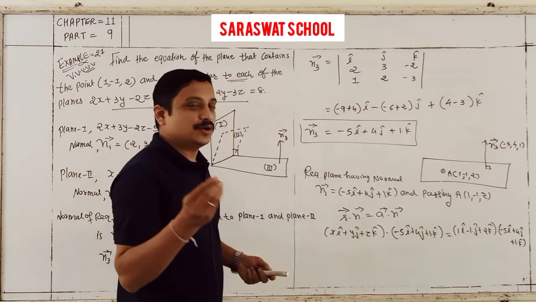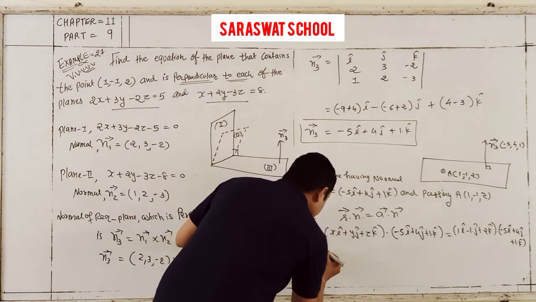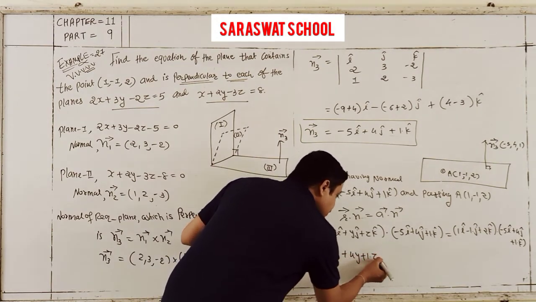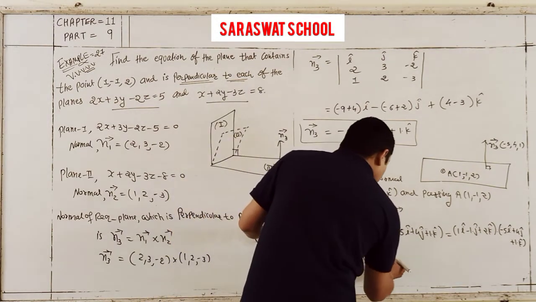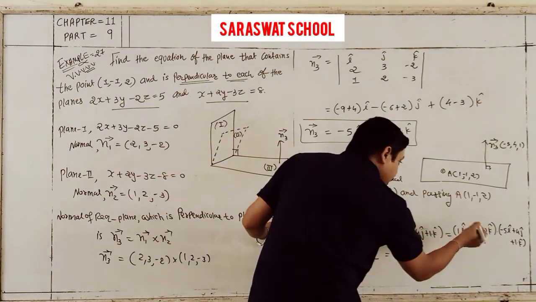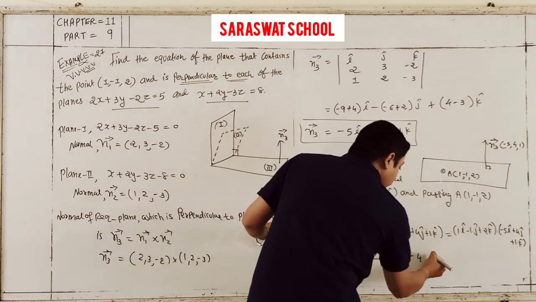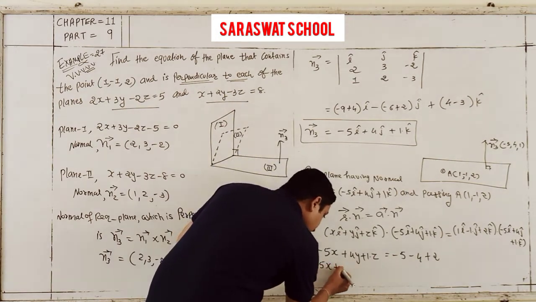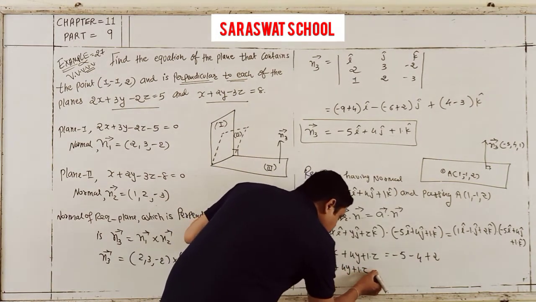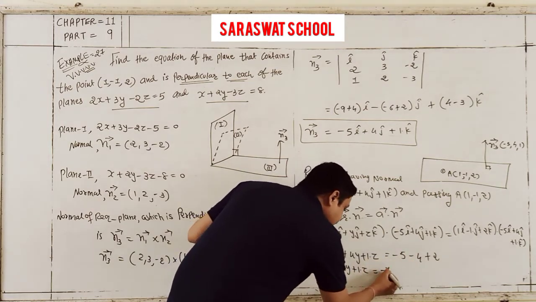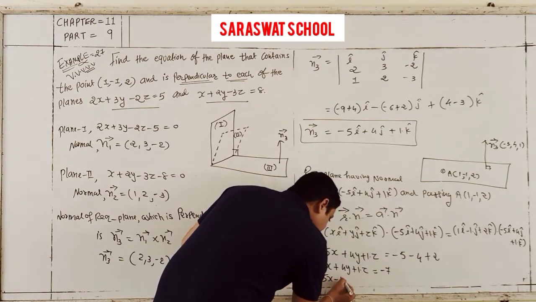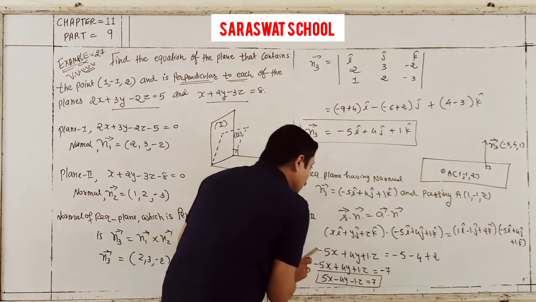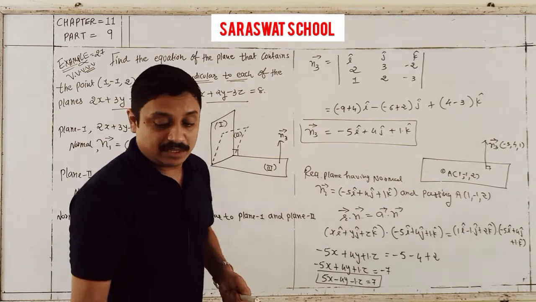Apply the simple dot product: minus 5x plus 4y plus 1z on the left, and on the right similarly minus 5, next minus 4 and plus 2. So minus 5x plus 4y plus 1z equals minus 9 plus 2, which is minus 7. So my plane is ready: 5x minus 4y minus 1z equals 7. And here students, these important numericals are done.